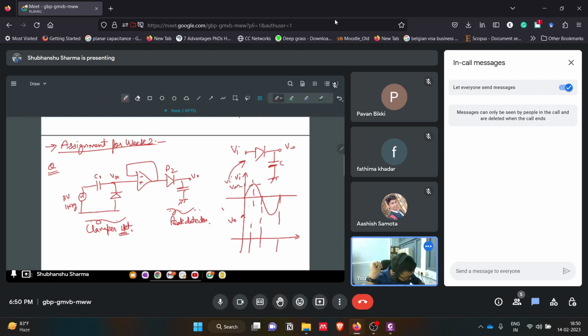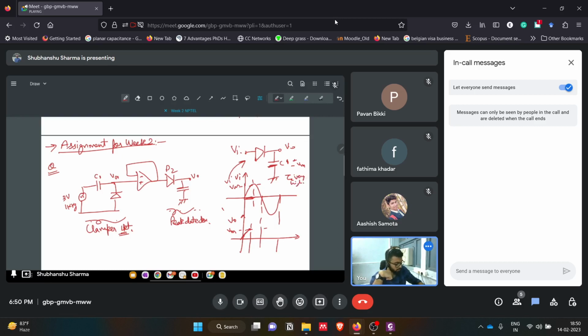Till Vm, since the diode is on in the positive cycle, the capacitor will start charging in the first cycle. The output voltage will be the same as the input voltage, and it will keep on charging like this. Once this capacitance reaches Vm, we assume one thing: the time constant of this capacitance is very high.